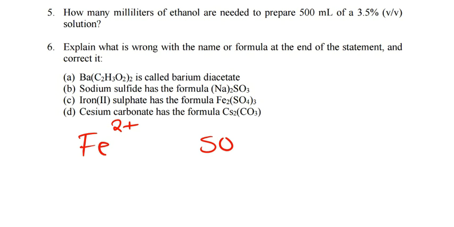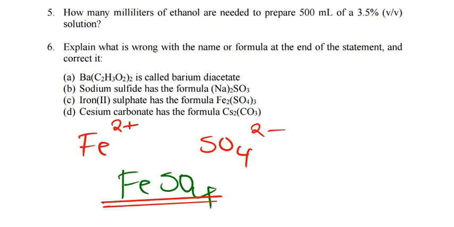So if you combine them, they're just going to be in the ratio of 1 to 1. This is iron II sulfate. This one is wrong.